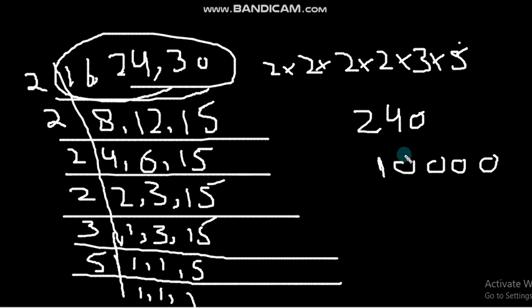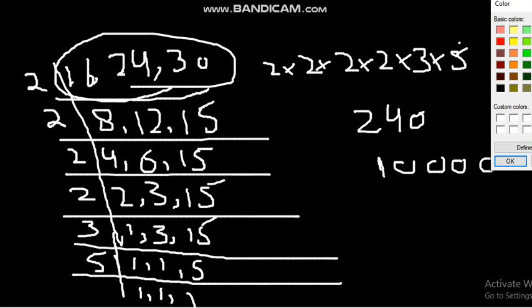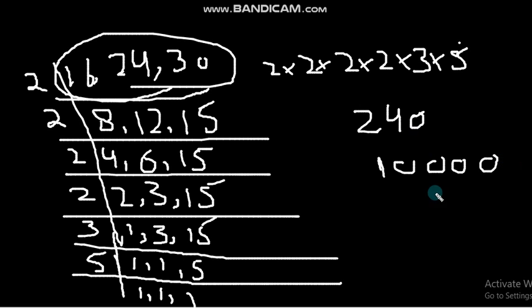To find out the smallest number which can be divisible by all of these numbers, we will divide 10,000 by 240. If we see the first 3 digits are less than 240, then we will carry on to 4 digits.